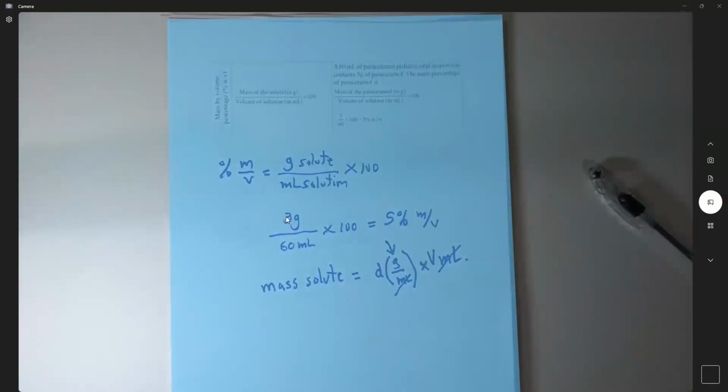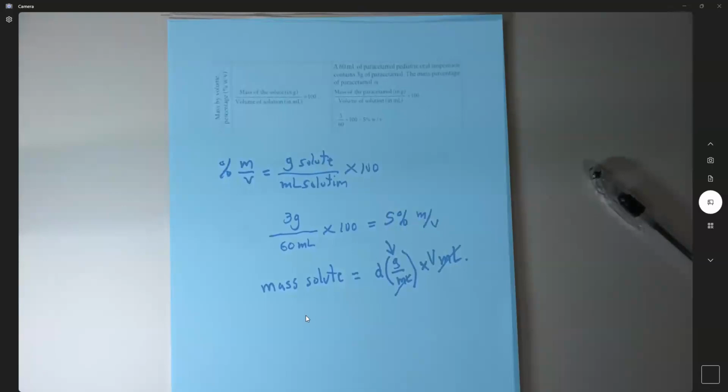Then you divide 3 grams by 60 milliliters and you multiply by 100, and you get that the concentration of this paracetamol pediatric oral suspension is 5% mass per volume.